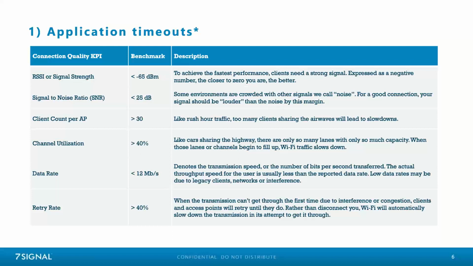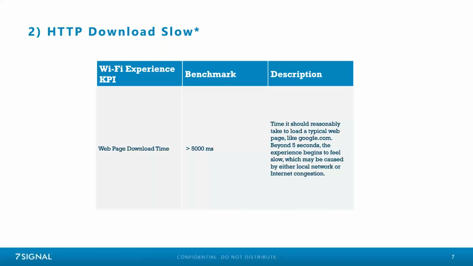And your data rate higher than 12 megs per second. We'll talk about that. And then another one that I really want you to focus in on is retry rates. If you've got a retry rate over 40%, we've got some issues, and those issues might likely be because of other Wi-Fi. As our VP of Customer Support and Enablement likes to say in his presentations, the biggest interference in Wi-Fi is other Wi-Fi, right? And you're going to see that hands down with retry rates.